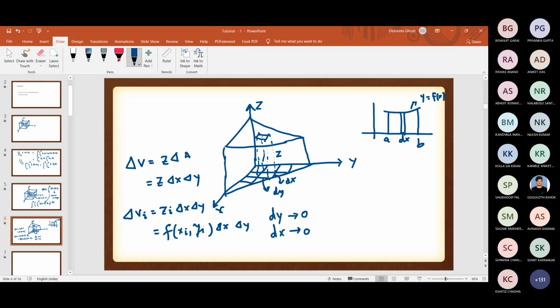That will give you the total volume under this surface on the xy plane. That sum is representing z as a function of x and y, and the surface we are going to represent here as a function of x and y.